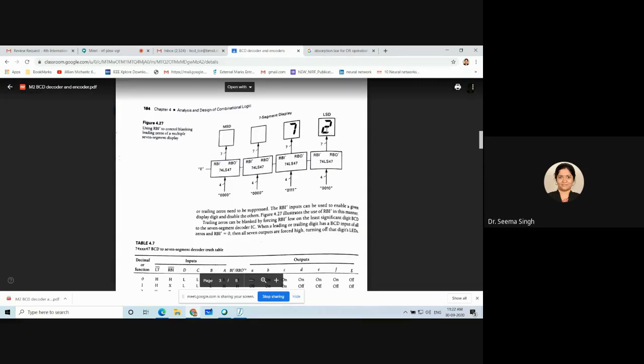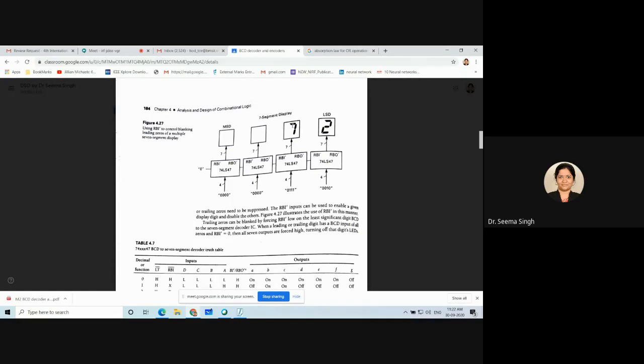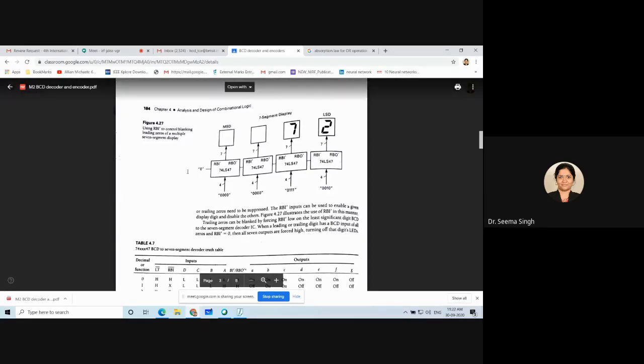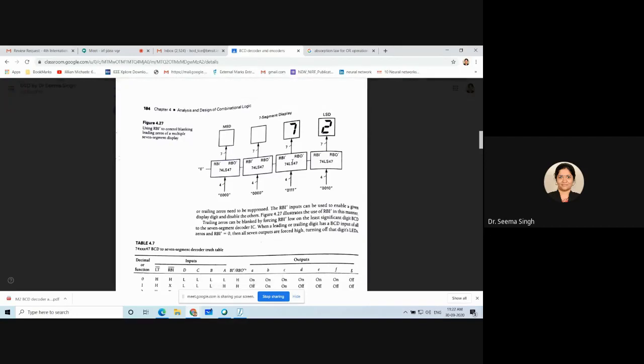But when you want to make it 10, this display should know that my job starts now. So this ripple binary output and ripple binary input, RBI from here and RBO from here, get connected, and then they talk to each other. They talk to each other to know whether I have to work in conjunction with my adjacent ICs.